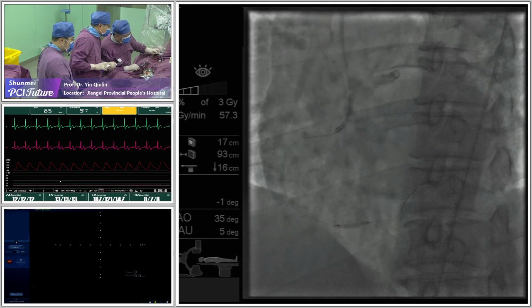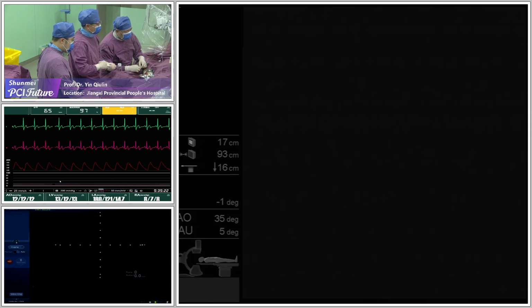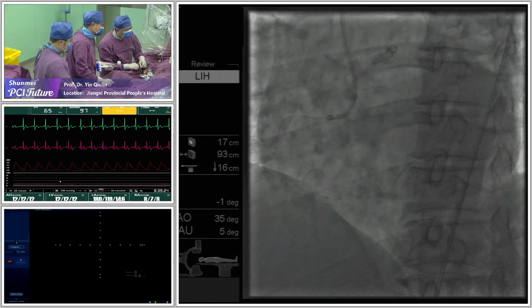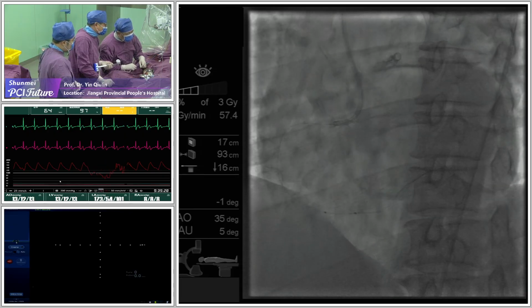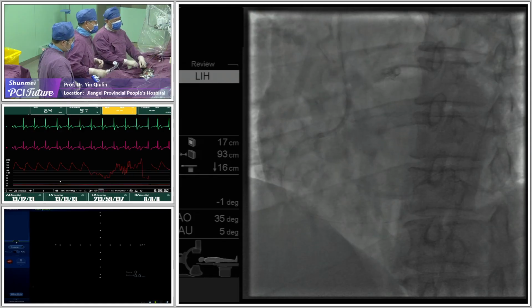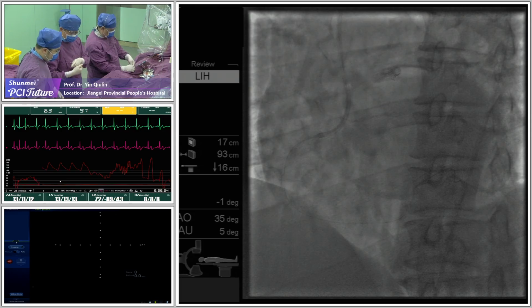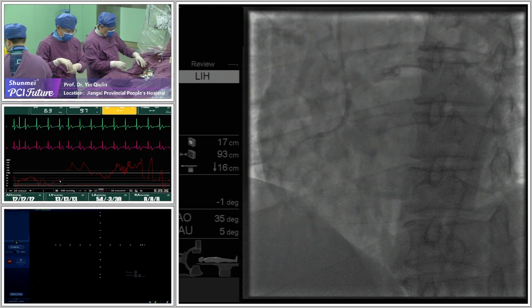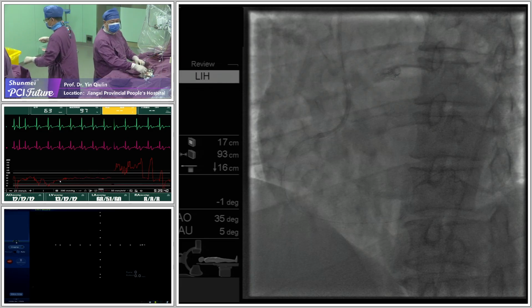Good morning, everyone in the conference room, and very happy to present this case here. This is a 14-year-old male patient with hypertension, hyperlipidemia, hyperuricemia, and he presented to our hospital with chest tightness and dyspnea for 2 months.